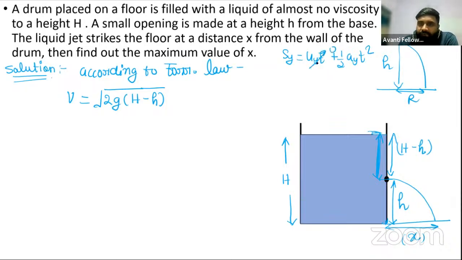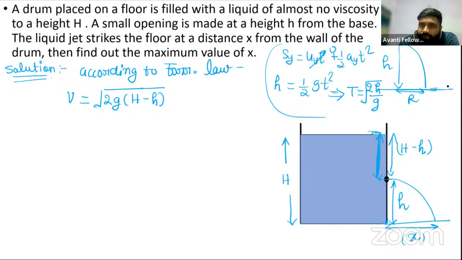Now the vertical initial velocity is 0, and Sy is h, and finally it will become 0. So it is 1 by 2 times g into T square. So the time it will take to come down is equal to square root of 2h by g. Now remember, in this the height is measured from the bottom, from the ground.